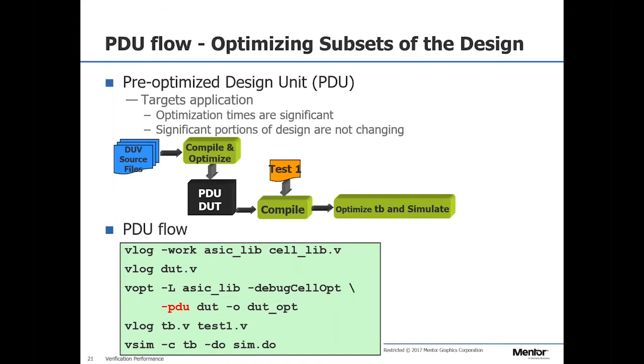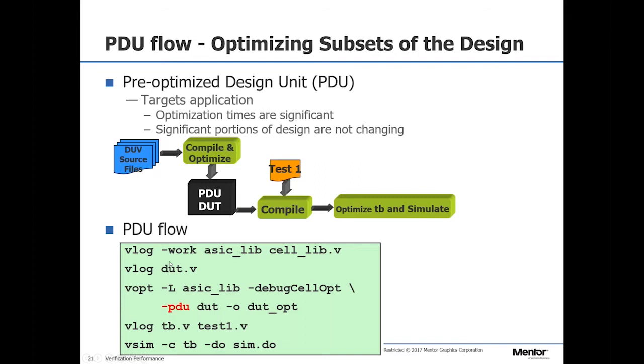Then if we go look at vopt, there's something called a pre-optimized design unit within there. So let's look at this scenario. I've got a DUT, which may or may not be gate level, whatever.